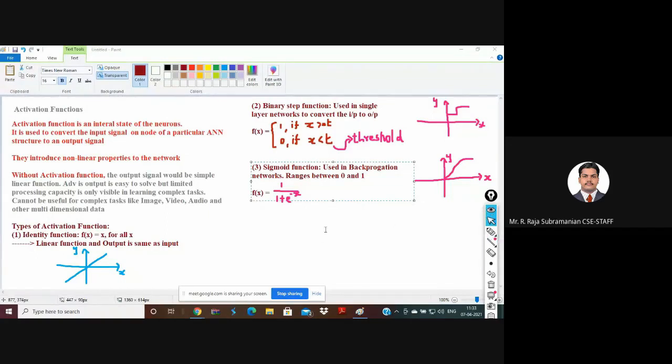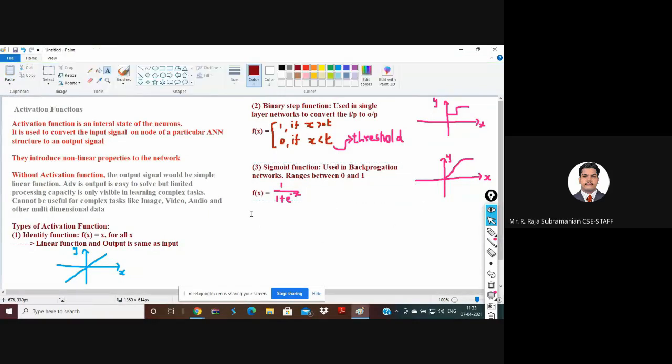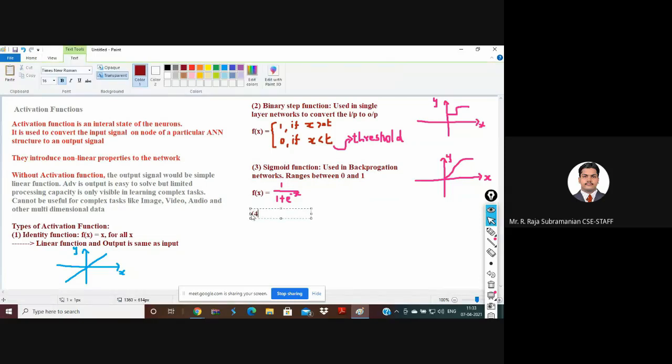Finally, we'll see the penultimate one, that is the hyperbolic tangent function, usually used in optimization problems.